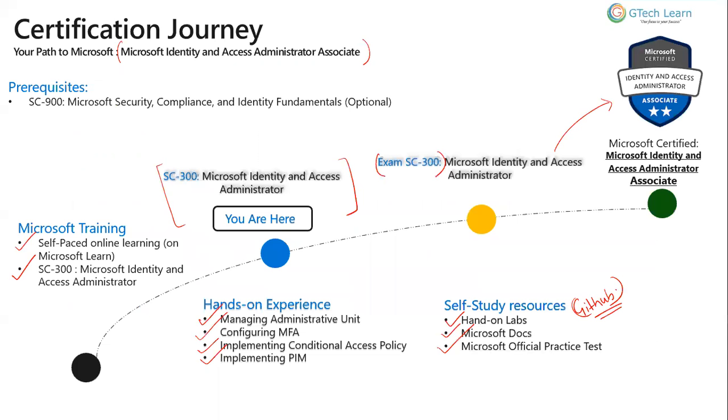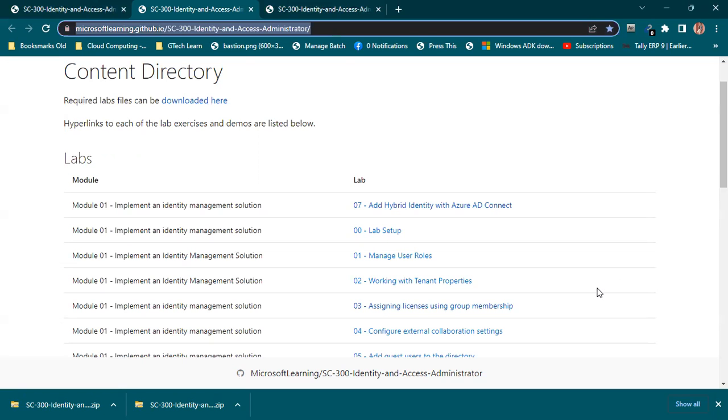Then, if I'm talking about the next one, that is Microsoft Docs. In that case, if you want to go with Microsoft Docs, you have multiple quickstarts available, which you can utilize in order to implement things.